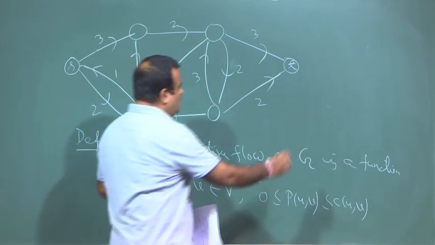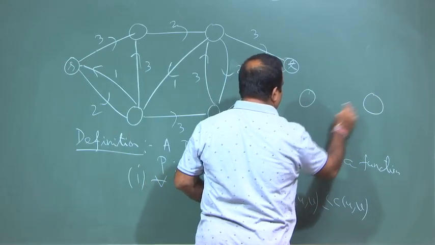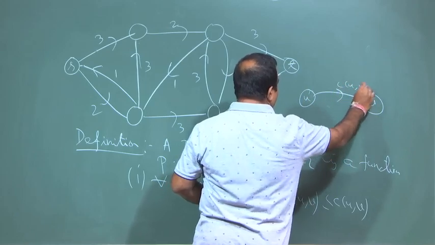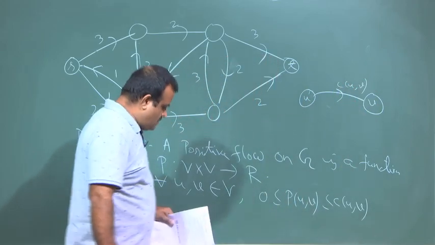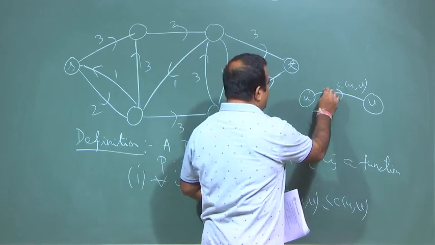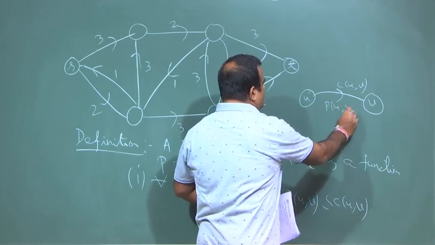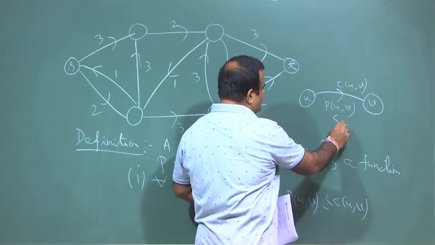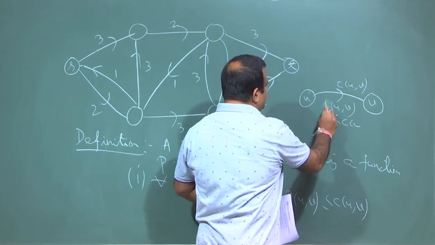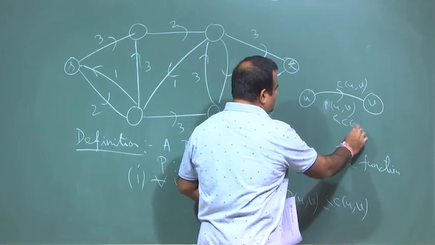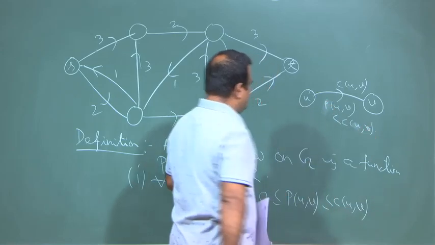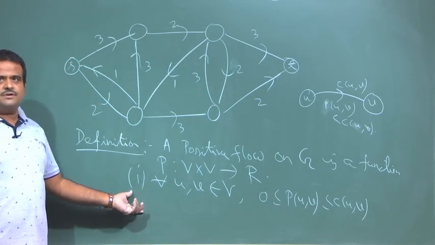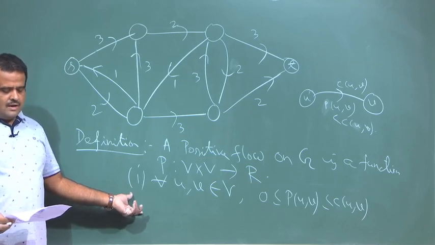So, if we have two vertices u v, and this is C u v, now we want to define a P u v, positive flow, such that it should be less than the capacity, because we cannot send more current than the capacity. So, that is the idea. Okay. So, this is the capacity constraint. We cannot send more than the capacity.